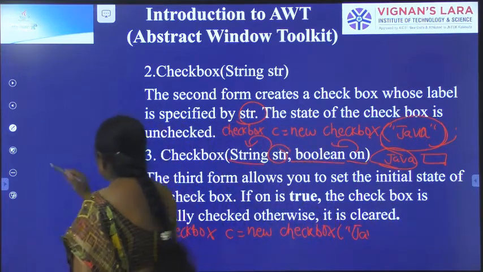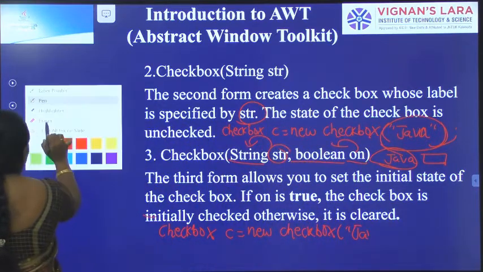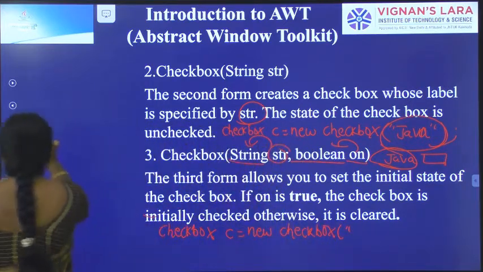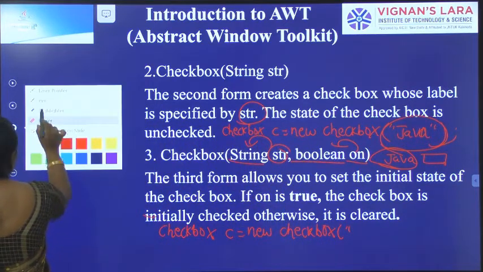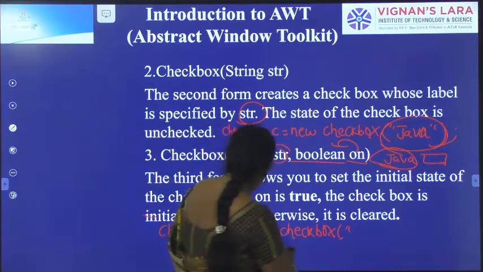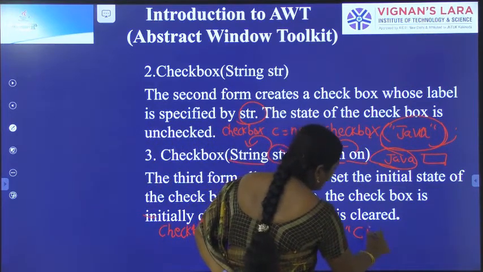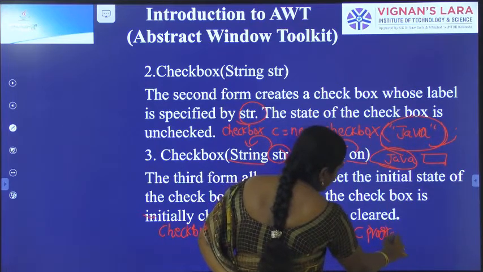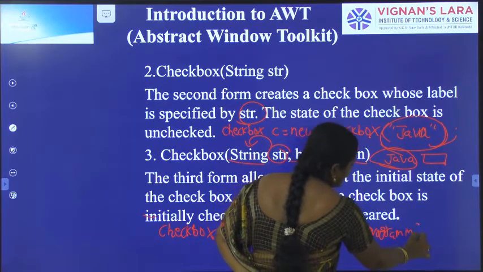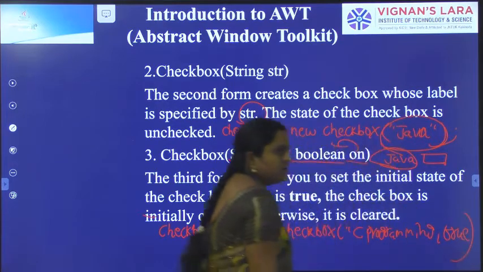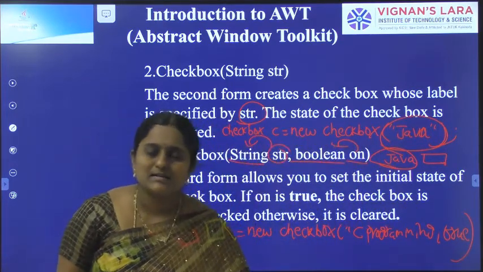Next we have to choose another subject name, suppose C programming, and true. On means true, off means false. So initially every checkbox is false.